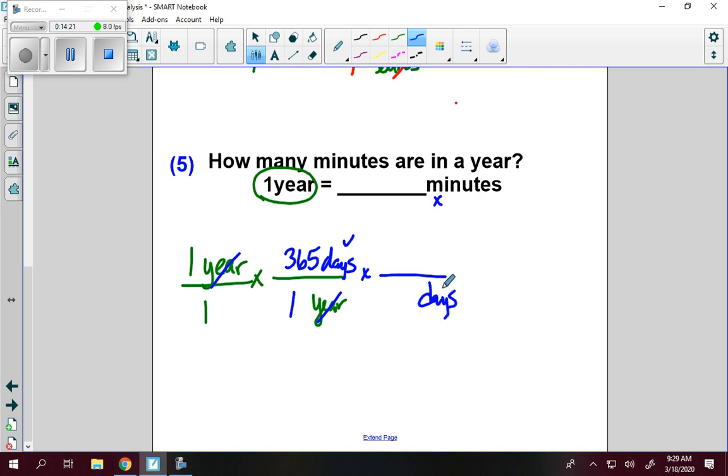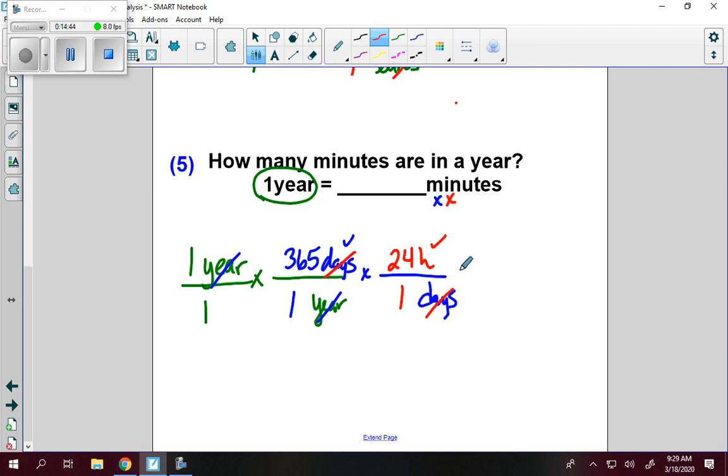So I have to keep going. And I put days in the bottom because I know I have to cancel it out. Now when I think about it, I don't know how many minutes there are in a day, but I could tell you there are 24 hours in a day. And when I cancel out those conversions, then I have hours left. If I were to end my problem now, I would be ending with hours, not minutes.